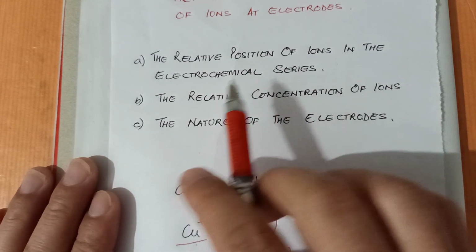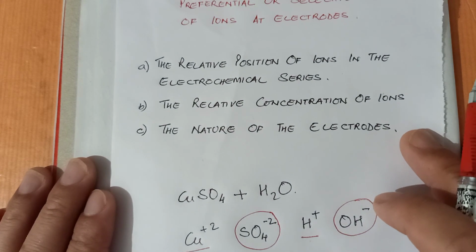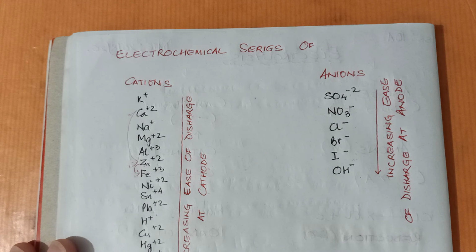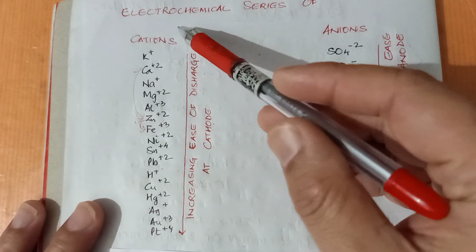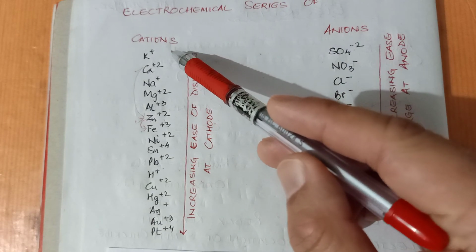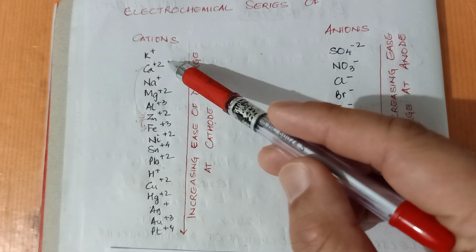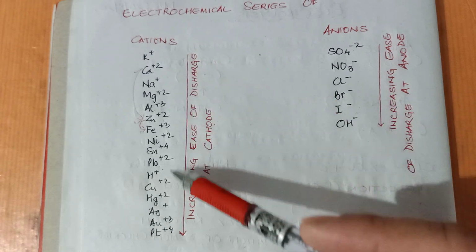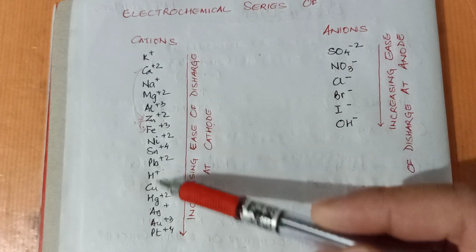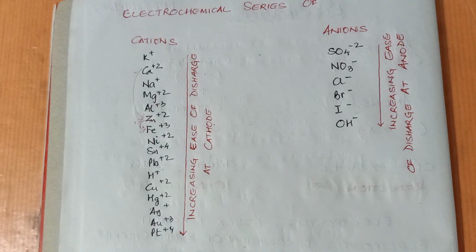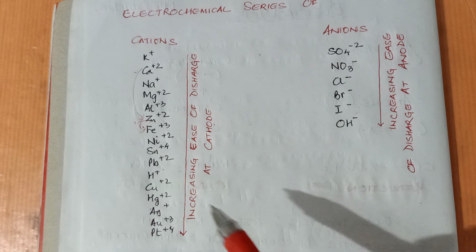I'll just recall your electrochemical series of metals and non-metals, which we learn from class 8 onwards. The electrochemical series of metals can also be called that of cations, because metal loses electrons and converts into cations. As we move down, the ease of discharge at the cathode increases.